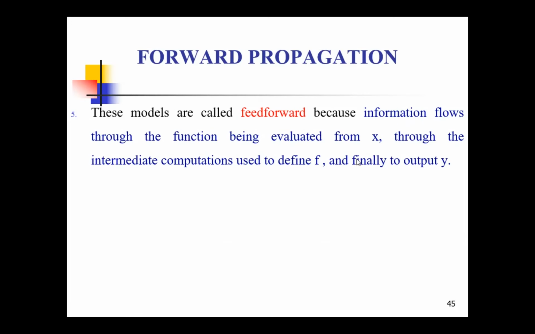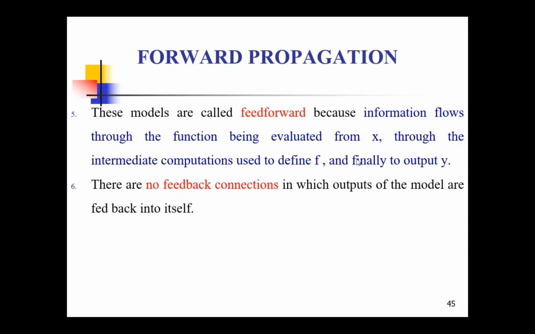These feed forward propagations are like an open loop system, and will not consider any feedback. So in this feed forward propagation, as told, there are no feedback connections. That is, no output of the model is fed back to itself for adjustments or for dynamic corrections.